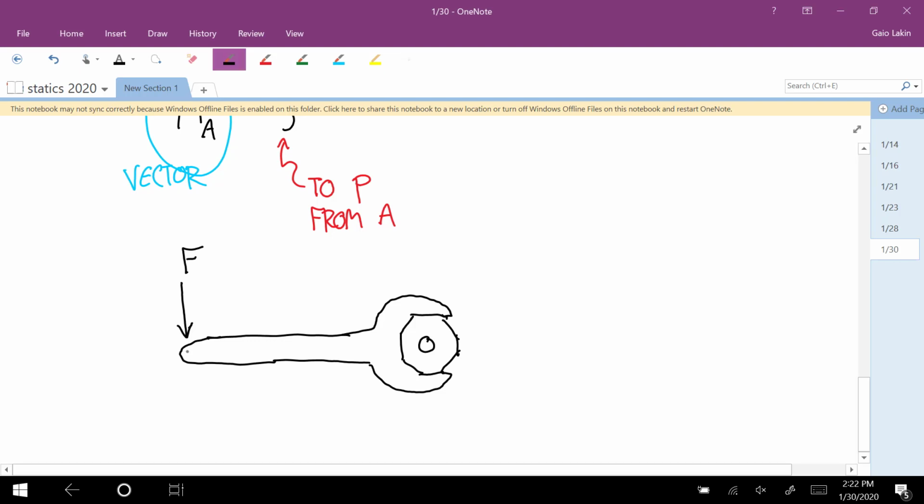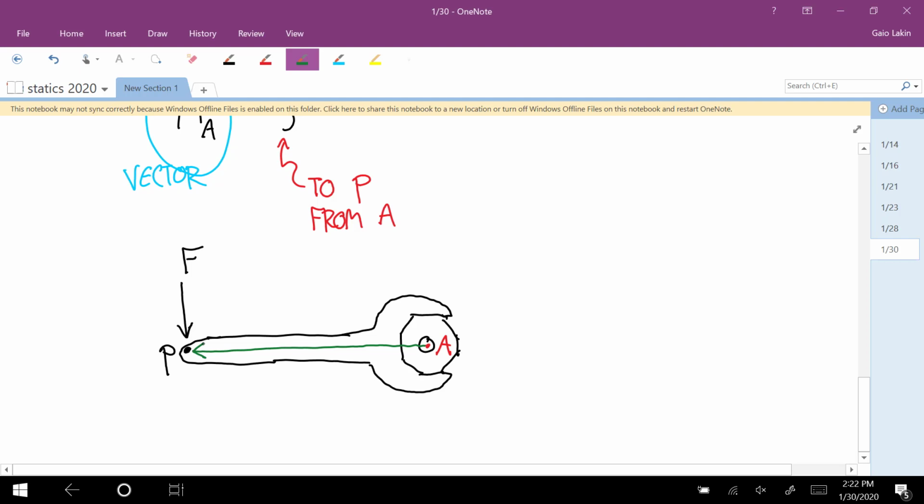So this is the force, this is the point P where the force is applied, not rho, P. This is the about point. The rho vector goes from A to P.